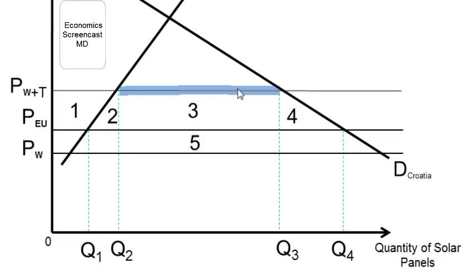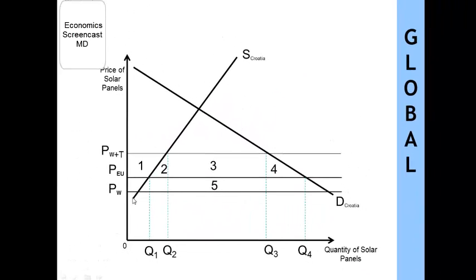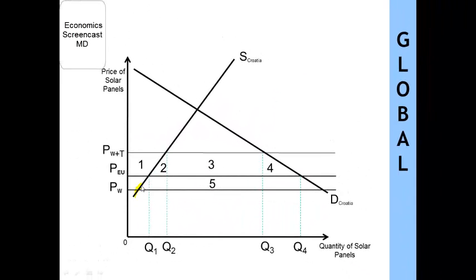Now, on entry to the EU, the lower price now available from the market is the EU price without a tariff imposed. Domestic producers are still willing and able to produce Q1 quantity at PEU. However, at PEU there'll be a significant increase in imports, but from a new source, from the EU instead of imports from the world market.